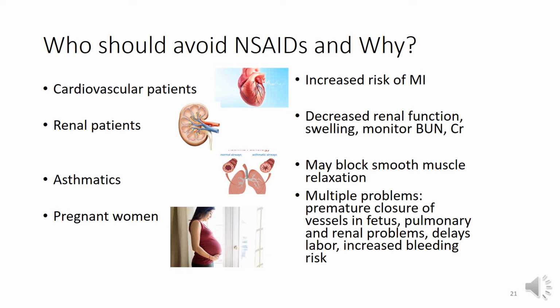So let's talk about prostaglandins or antiprostaglandins, what they are, and when it's appropriate to use an antiprostaglandin and when it's not. Prostaglandins are lipids or fats that the body makes that act as a hormone.